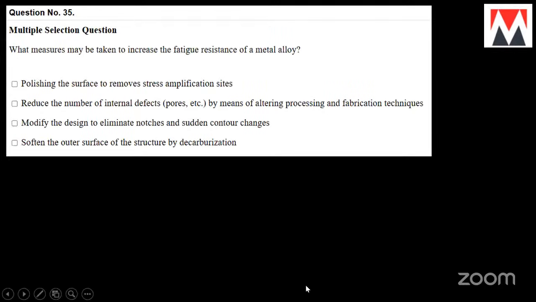What measures may be taken to increase the fatigue resistance of a metal alloy? So polishing removes the stress amplification sites, reducing the number of internal defects by means of altering process and fabrication techniques. Modify the design to eliminate notches and sudden contour changes. Soften the outer surface.